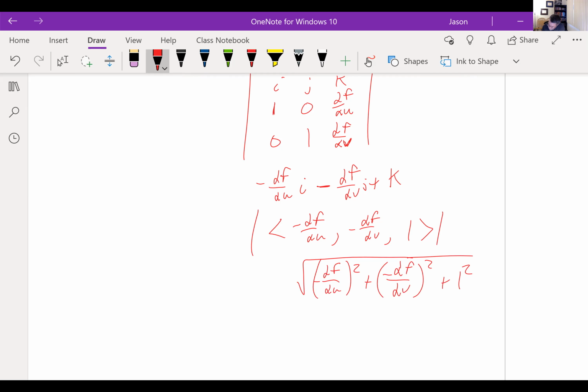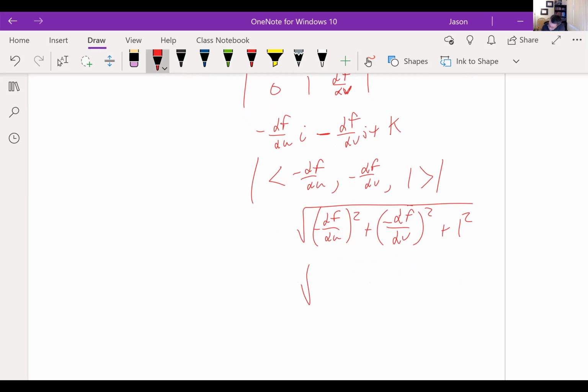I'm going to rewrite this a little bit. This is the square root of 1 plus df du squared plus df dv squared.